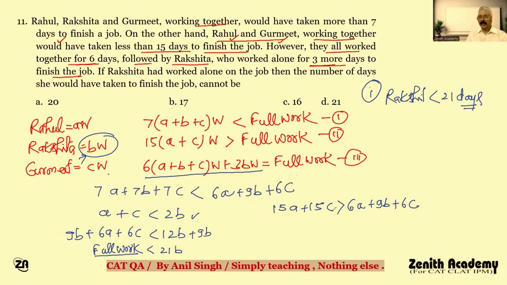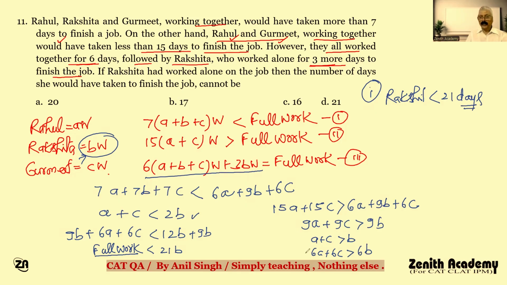So here 15 minus 6 is 9A, and 15C minus 6C is again 9C, greater than 9B. It means A plus C is greater than B. If you multiply it by 6, it is 6A plus 6C greater than 6B.